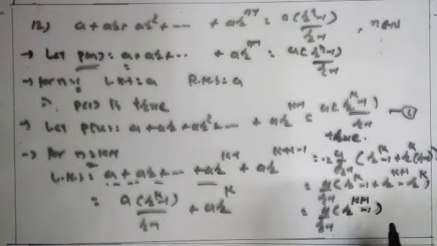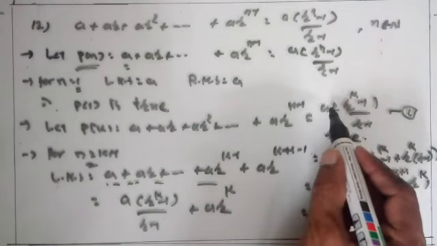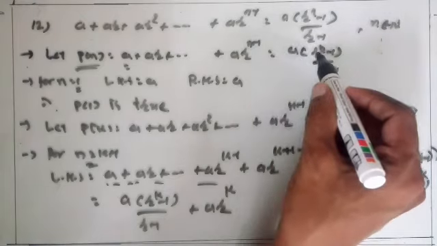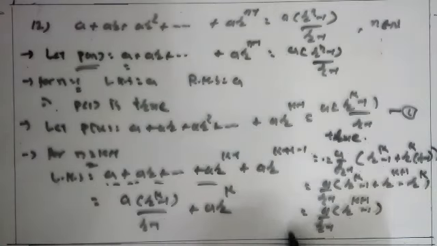Clear? And this is the left hand side. Replacing n by k + 1, we get a into (r^(k+1) - 1) upon r - 1. So this is the right hand side. Clear? So LHS is equal to RHS.